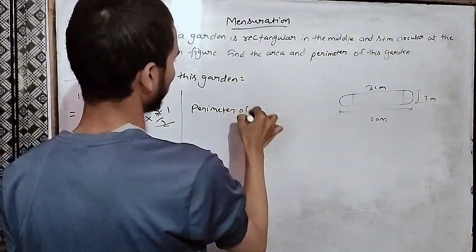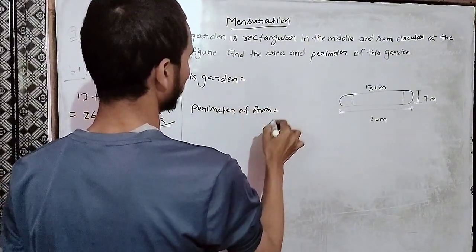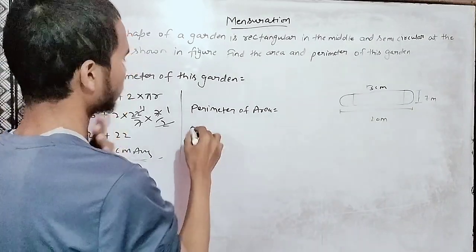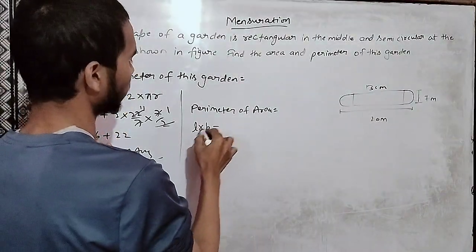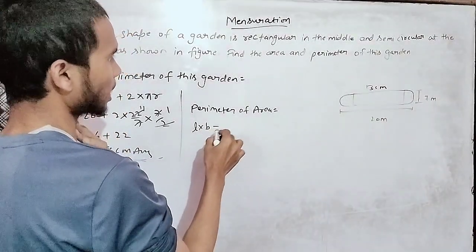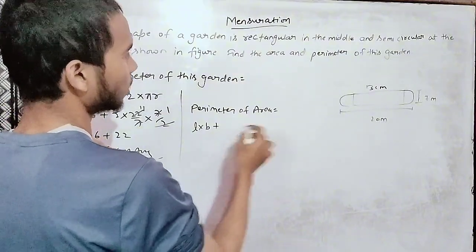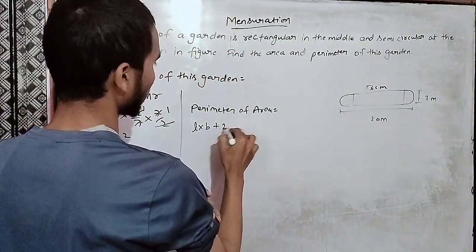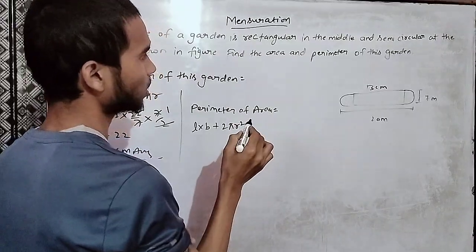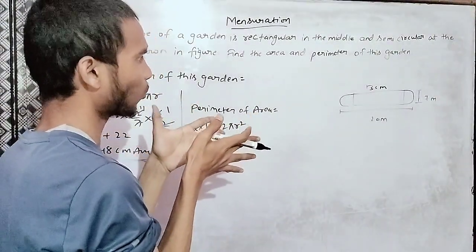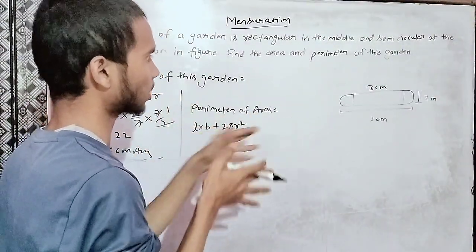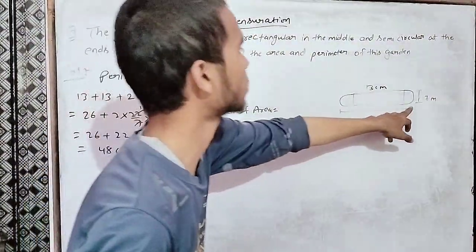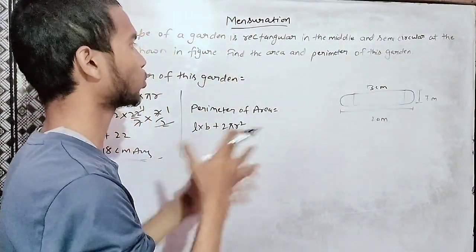Now the area. What would it be? Just L multiplied by B. This is the area of the rectangle. Then we will add the semicircles, 2 times. So can we write 2 pi r square? We are finding the area of a semicircle, so this is pi r square and this is pi r square, and we have 2 times.